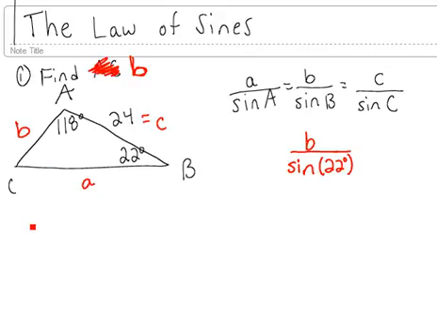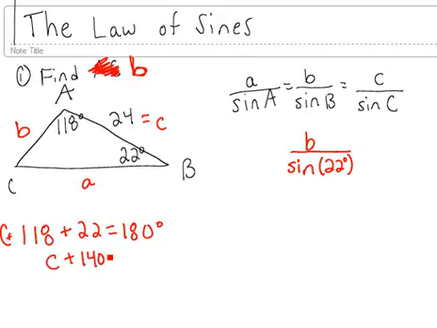Angle C. Because I know that for every triangle, the angles always add up to what? 180 degrees. Plus C in there. So that means C plus 140 is equal to 180. So C is how many degrees? 40 degrees.